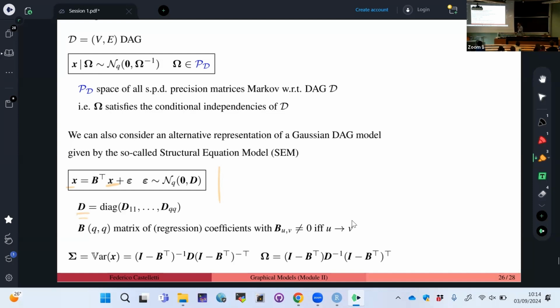If you write this explicitly, you will have a system of linear equations: x1, ..., xq equal to a matrix B times x1, ..., xq plus epsilon 1, ..., epsilon q.